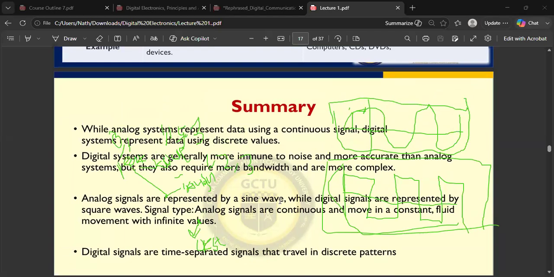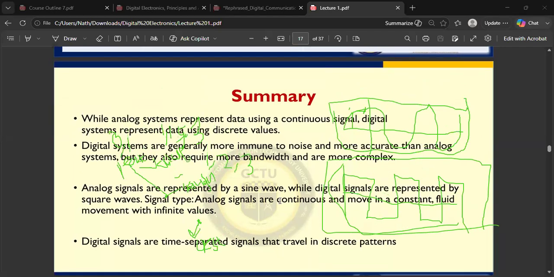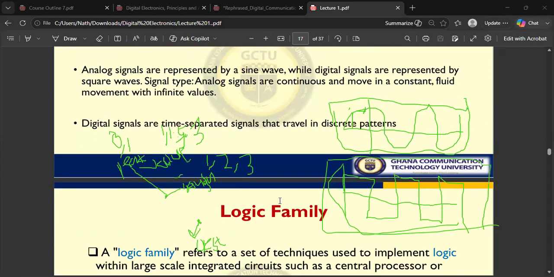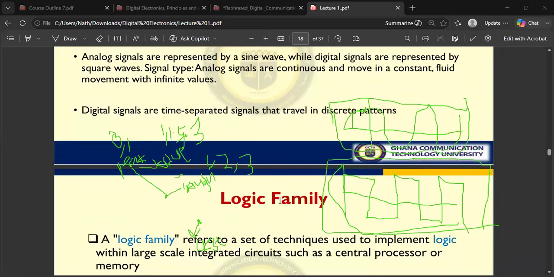Thank you very much. So our next topic will be logic families. A logic family is just a group of electronic digital circuits fabricated by the same semiconductor technology.